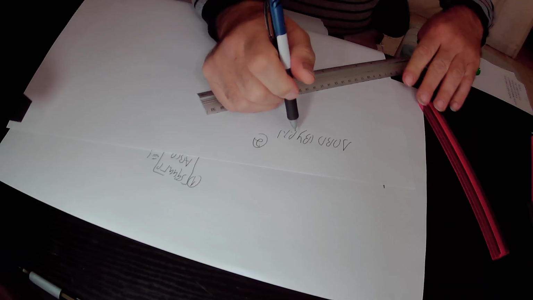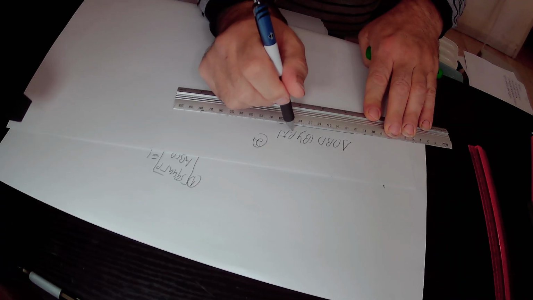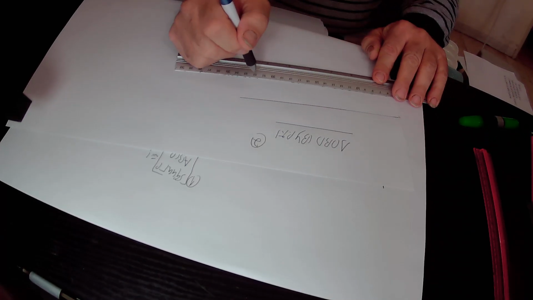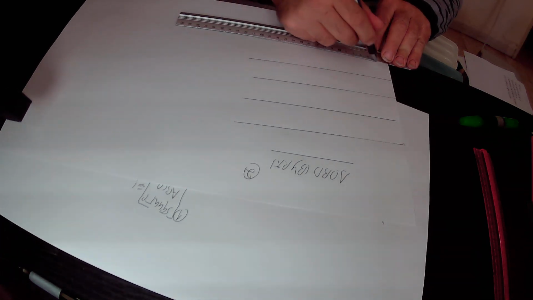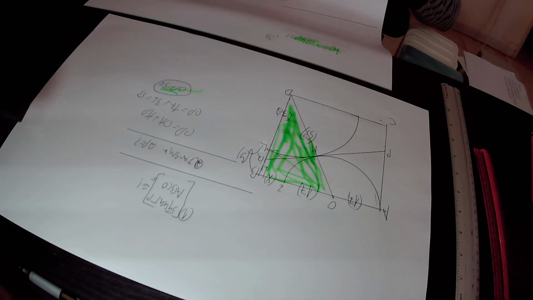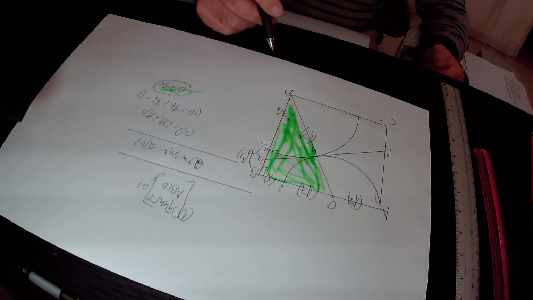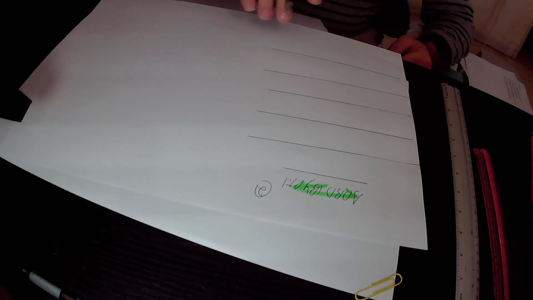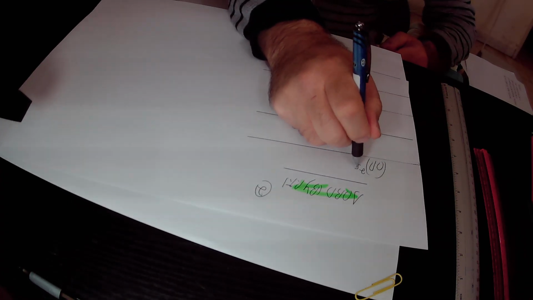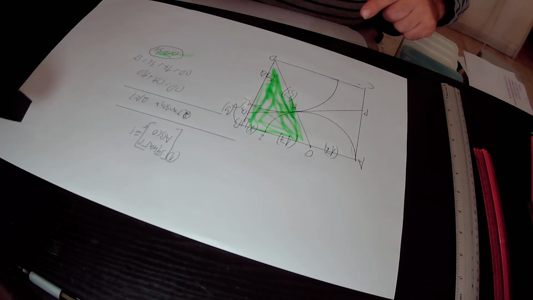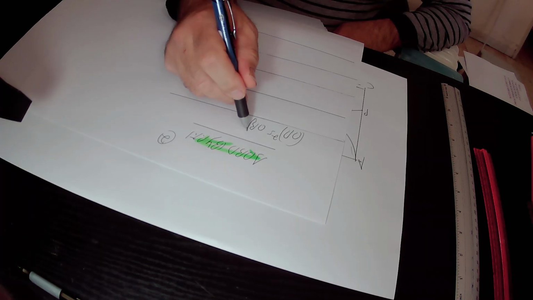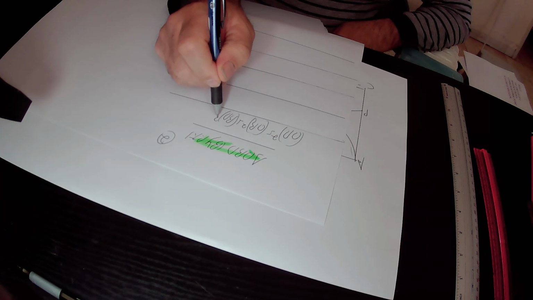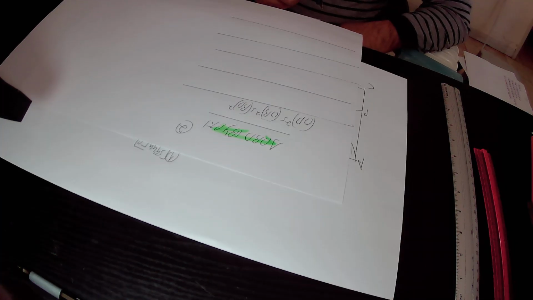So in the right triangle OBD, according to the Pythagoras theorem, OD squared, that is the square of the hypotenuse, must be equal to OB squared plus BD squared.